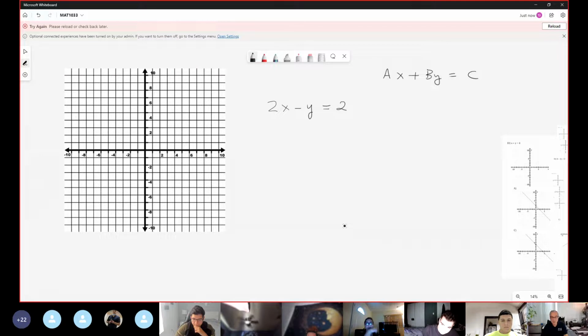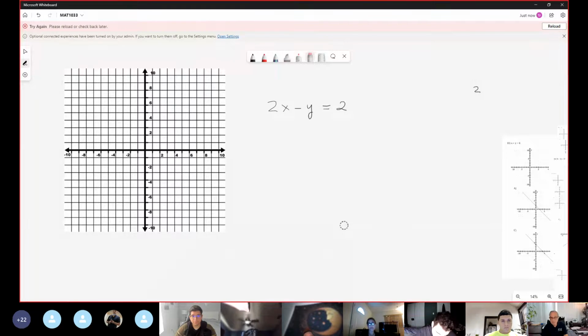You put the variables on the left, you put a number on the right. Es obvio que A es 2, es obvio que B is -1, and es obvio que C is 2. So this is standard, right? So what do you recommend me doing, inner set or wrong arise?